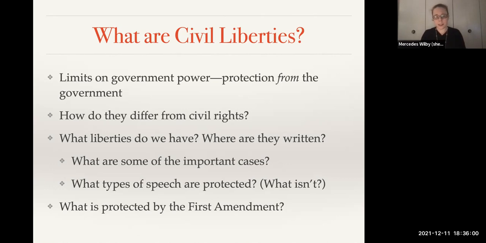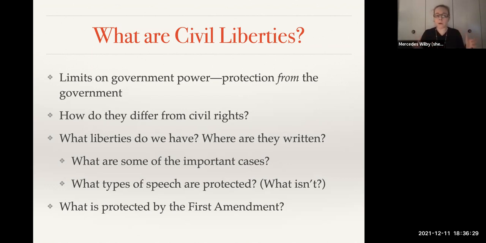The ones that are really important for our purposes this half of the semester are our First Amendment freedoms, specifically the right to free speech and the right to a free press. Now you notice those are only 2 of the 5 First Amendment rights. We've talked about the other First Amendment rights in Review 2 when I talked about the Constitution and the Bill of Rights. But those 2 are really important.